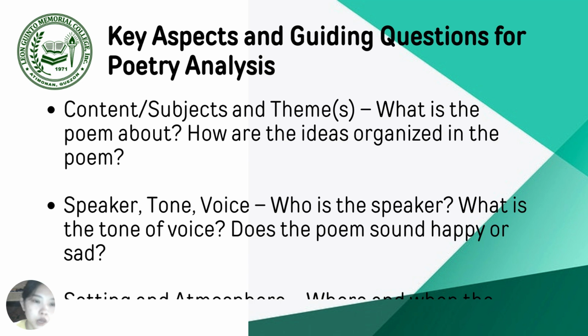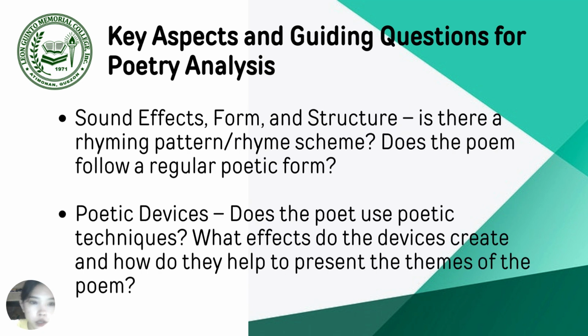And in speaker, tone, voice, we can ask our students, who is the speaker, what is the tone of voice, does the poem sound happy or sad, and then the setting and atmosphere, where and when the poem is set, what is the mood and atmosphere.